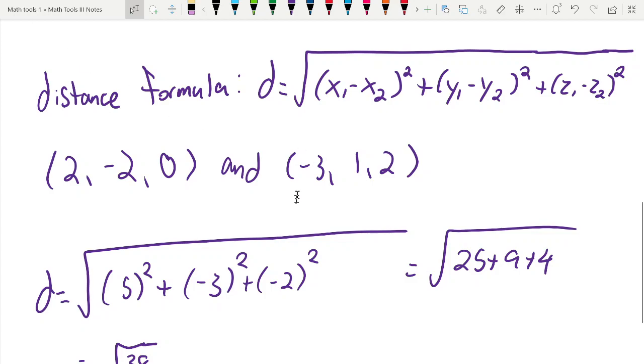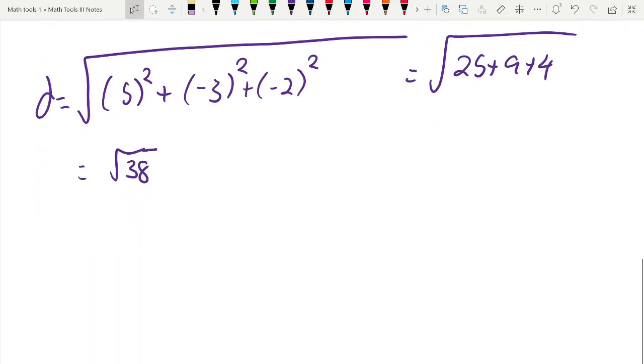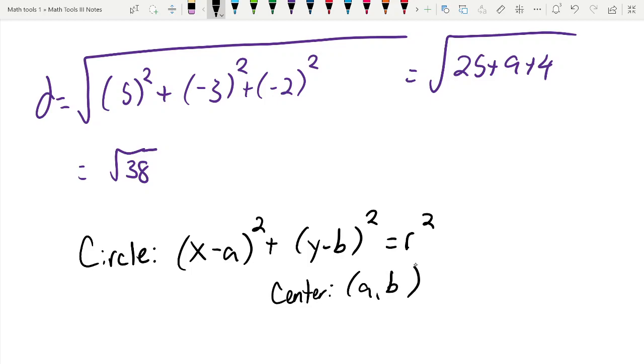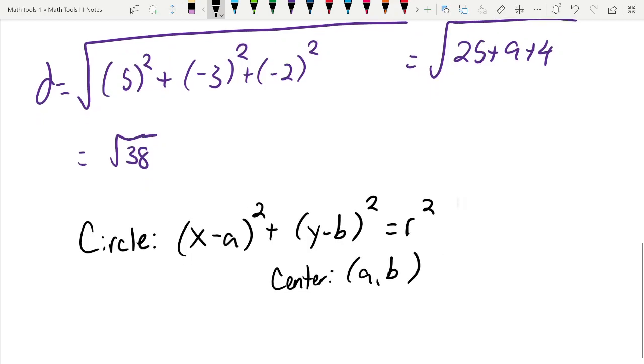So other things will typically extend pretty nicely as well. Like for example, the equation of a circle is, in general, (x minus a) squared plus (y minus b) squared equals r squared, where the center is (a, b), right? And r is the radius.